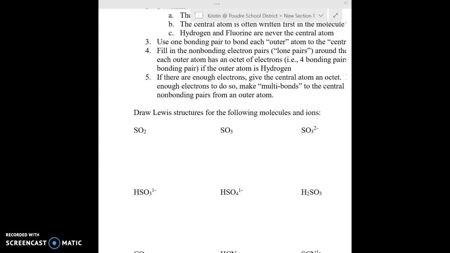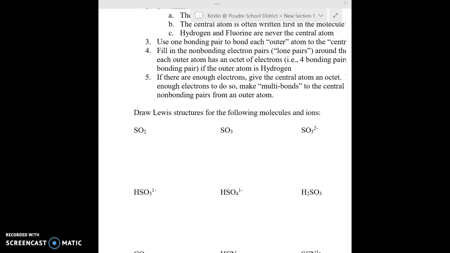So first example, SO2, there's no charge on this. It's not a polyatomic ion of any kind. It's just sulfur dioxide. And the first thing we want to do is think about how many electrons each element brings to the party. So we'll find those guys on the periodic table. Sulfur and oxygen are both in family number 6.